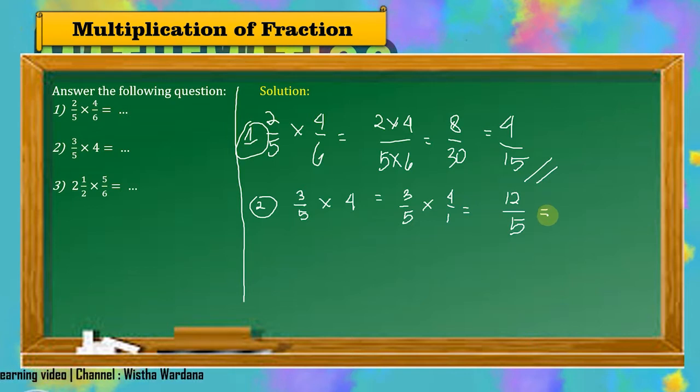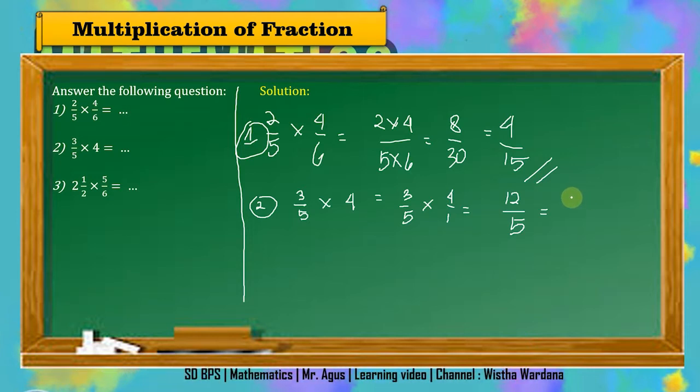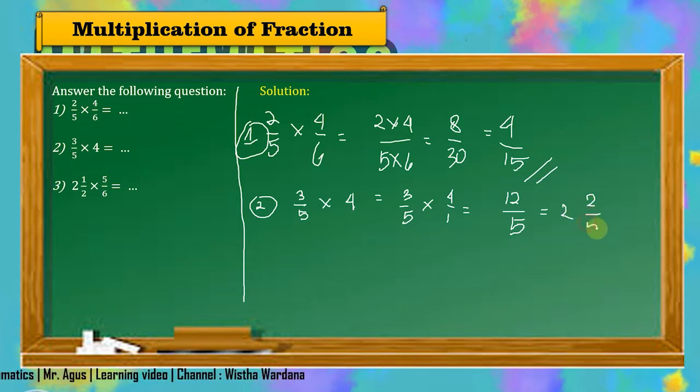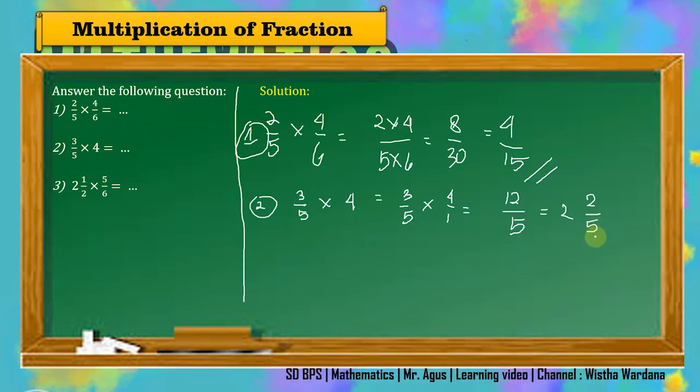So you have to simplify it by dividing 12 by 5. You get the quotient 2, the remainder 2, and the divisor is still 5. So 12 per 5 becomes 2 and 2 per 5. So this is the last answer.